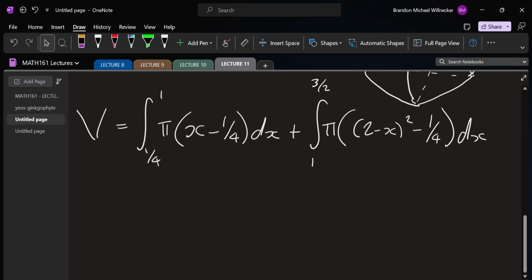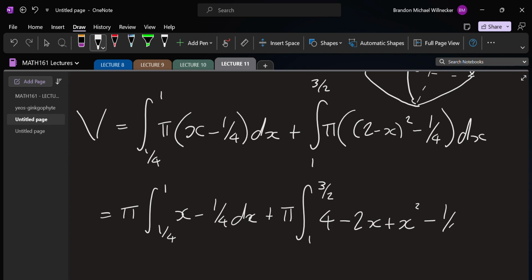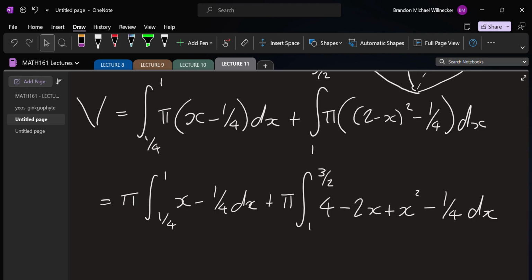Okay, so now we can expand that right integral there and then just solve it as normal. So that'll be pi integral from 1/4 to 1, x minus a quarter, plus pi integral from 1 to 3 over 2. Here we're going to have 4 minus 2x plus x squared minus a quarter.